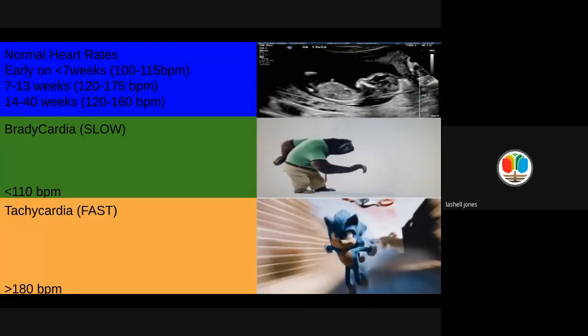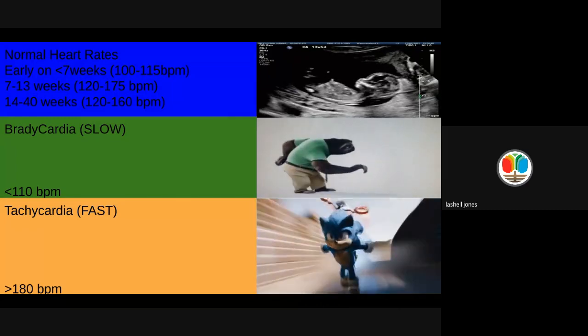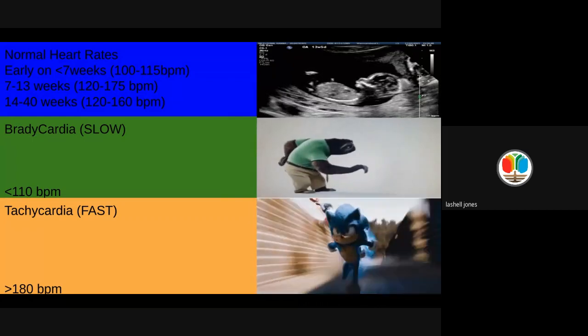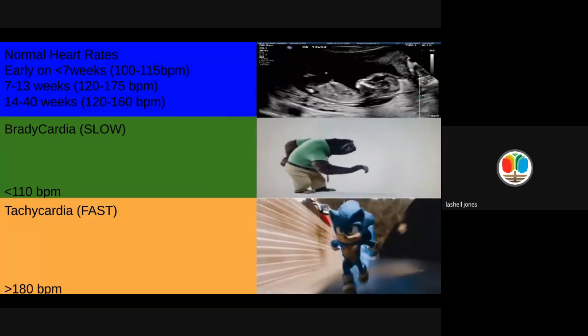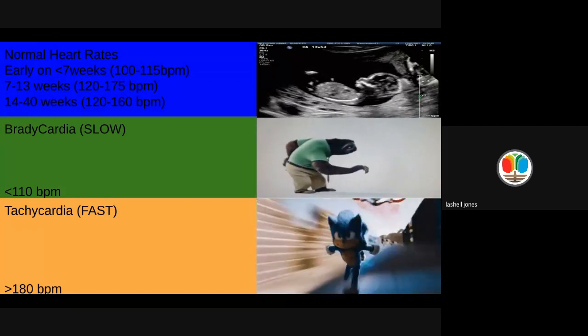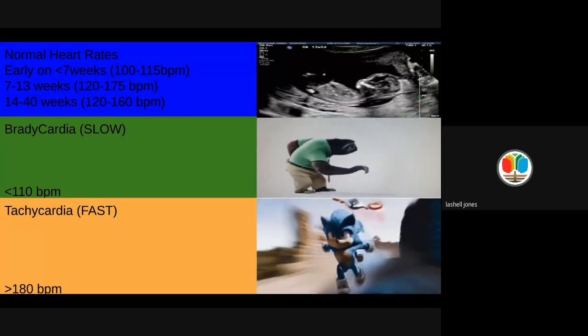When I say sustained, that's usually more than a minute, more than 2 minutes. I had a first trimester baby who had a sustained heart rate of 109 the entire exam, the entire 30 minutes. So that was known to be bradycardia.